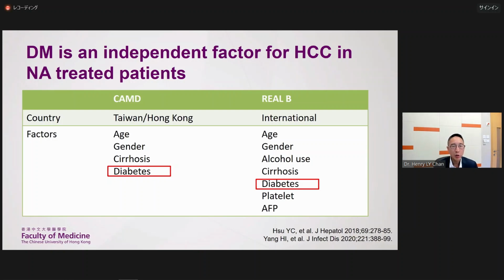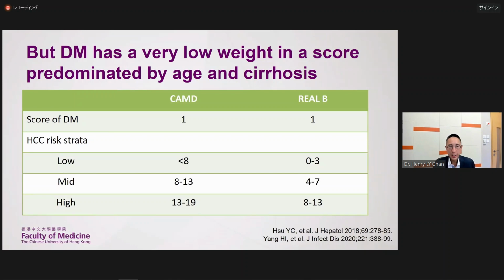But I think these two risk scores give us some insight in how important diabetes is in the entire HCC risk profile in a HBV patient. So you can see that in both the CAMD score and REAL-B score, if a patient has no diabetes, the score is 0. But if the patient has diabetes, in both scores, the weight is only 1.